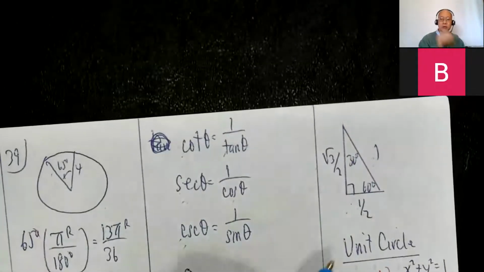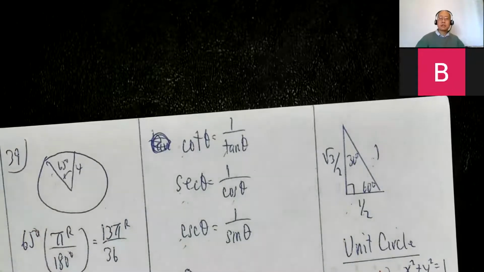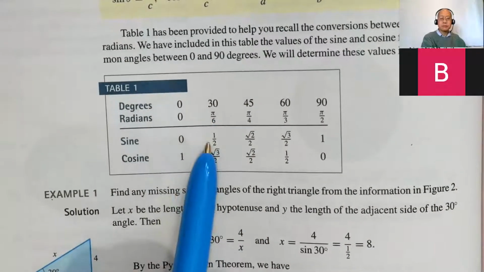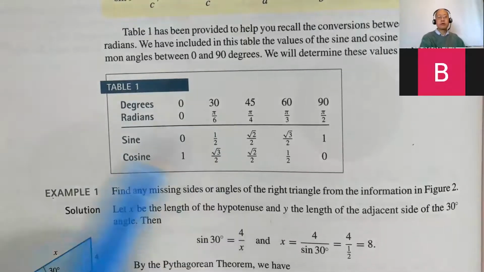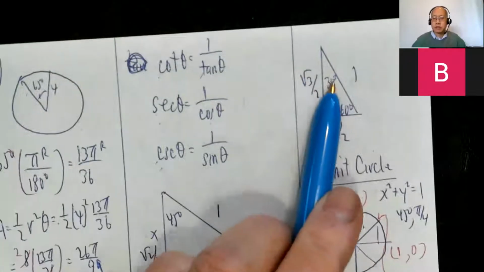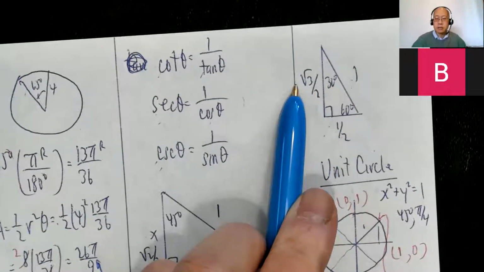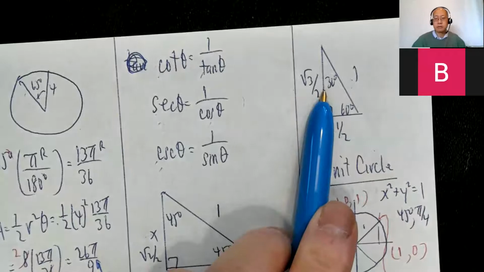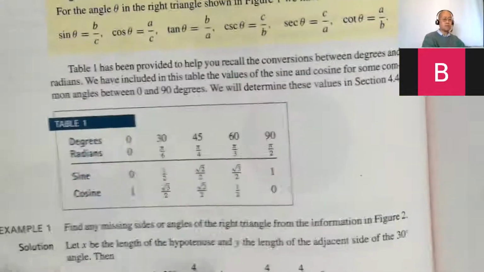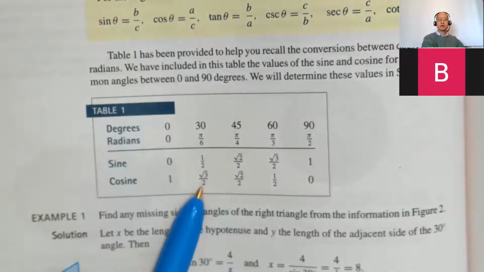So sine, opposite over hypotenuse. 1/2 divided by 1, 1/2. Sine of 30 degrees, 1/2. Cosine of 30 degrees, radical 3/2. There's 30 degrees. Adjacent, here it is, over hypotenuse. Radical 3/2 divided by 1, radical 3/2. So that's that.